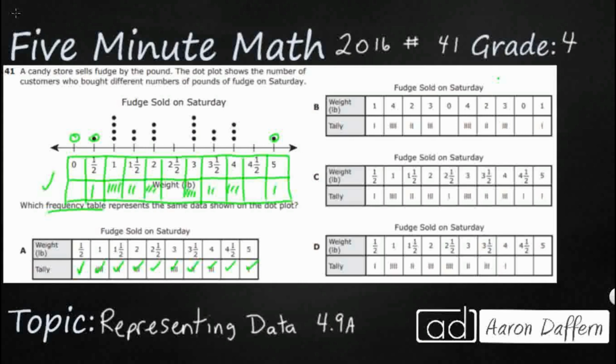Let's double check the other ones in case we just mess something up. Wow, I'm not sure what they're doing on B. Look at the weights up here: 1, 4, 2, 3, 0, 4, 2, 3. Oh, you know what they did? They took the tallies at the bottom, the 1, 4, 2, 3, 0, 4, 2, 3.